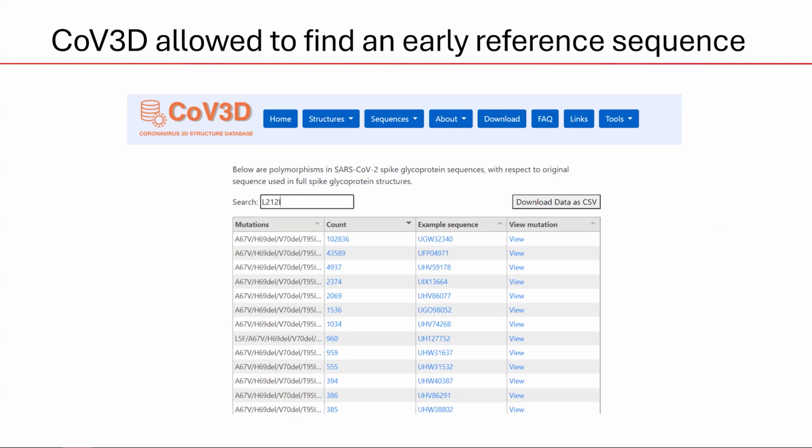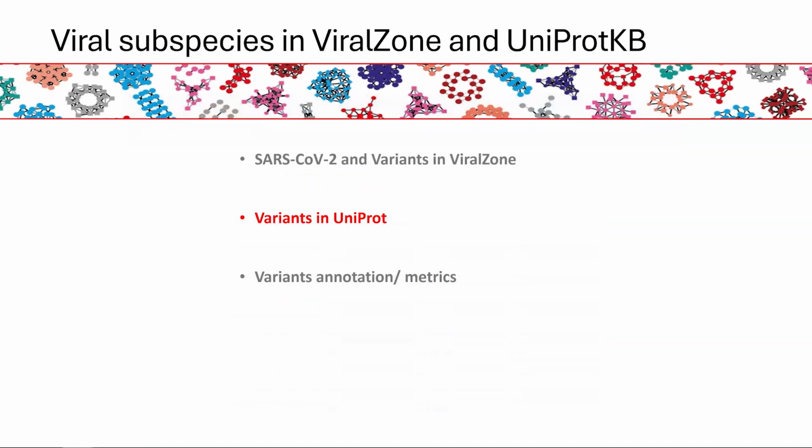So for the first variants, alpha and beta, it allowed me to actually find sequences, and I took the sequences, made a tree, and chose which would be the first one. So later on, we had discussion between BV-BRC and NCBI, NIAID people to select the sequence and to present the same references.